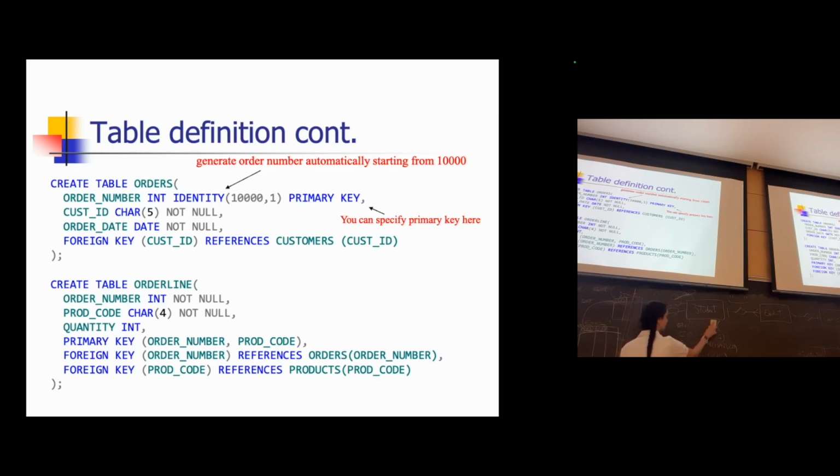So if this is the enrollment table, we have course ID and student ID, let's say these are int, and then we have primary key course ID, student ID, because this is a composite primary key. If you do not want to allow null in any of the columns, you can just write NOT NULL here.